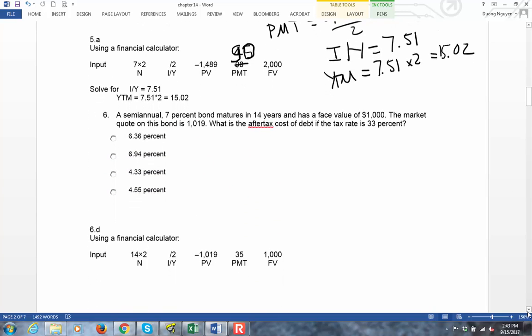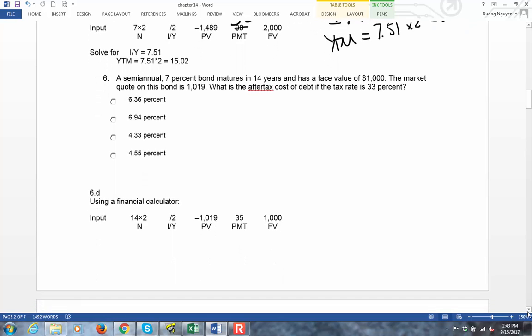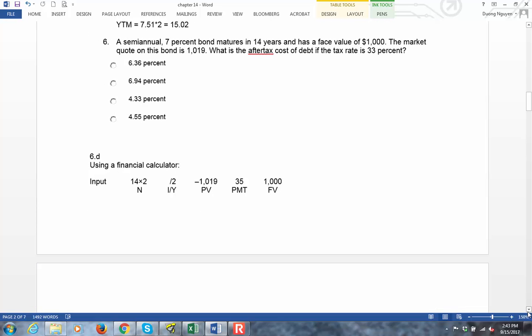Number 6, very similar, but it is asking you for the after-tax cost of debt. So you do the same thing, you put it in the calculator.